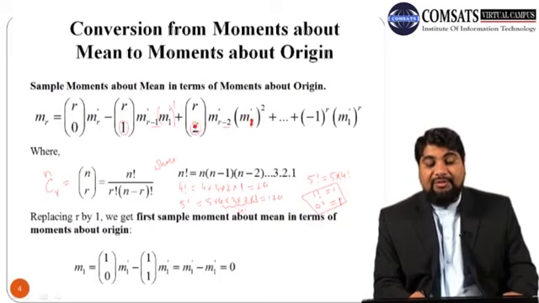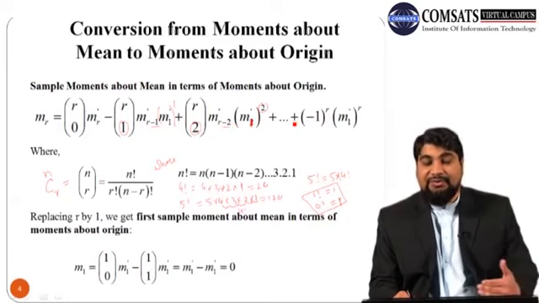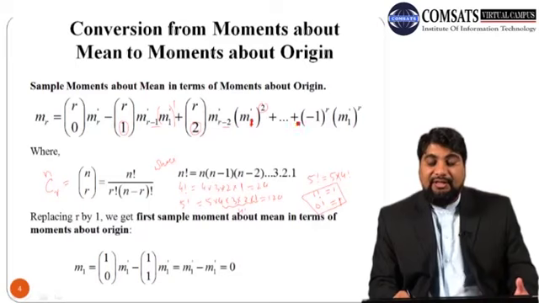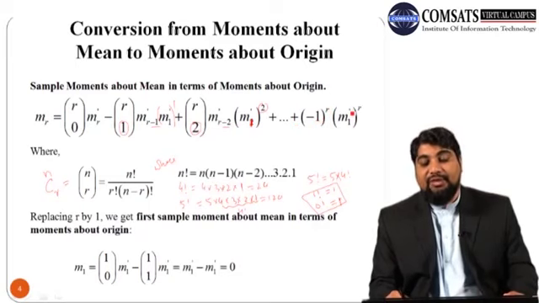So here we have number 2, so take square of m1 dash and then subtract this number 2 from this r. And similarly, if we proceed in the same way, the last term will be minus 1 raised to power r into m1 dash raised to power r, and here we have rCr as well.